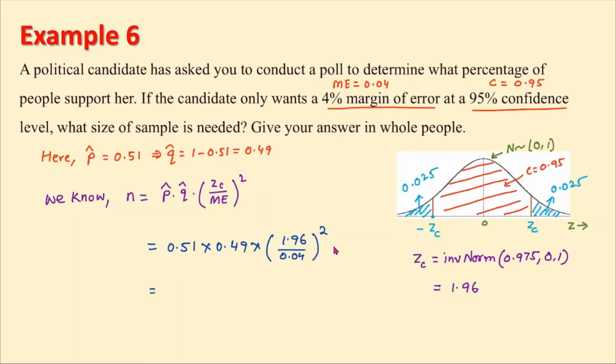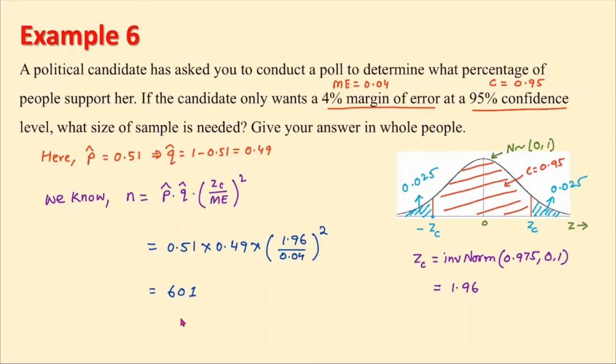Now, if you simplify this and round it to a whole number, because we are looking for the number of people, so it must be a whole number, you should get approximately 601. Make sure you type this in your calculator and verify that value. So it must be 601.